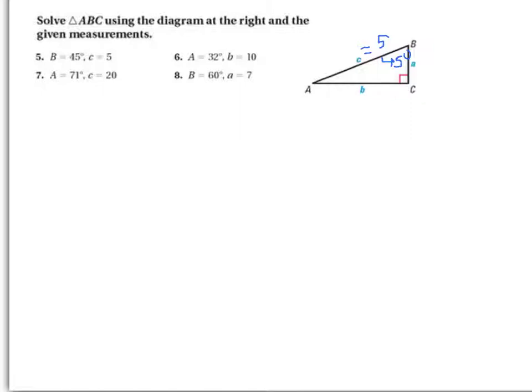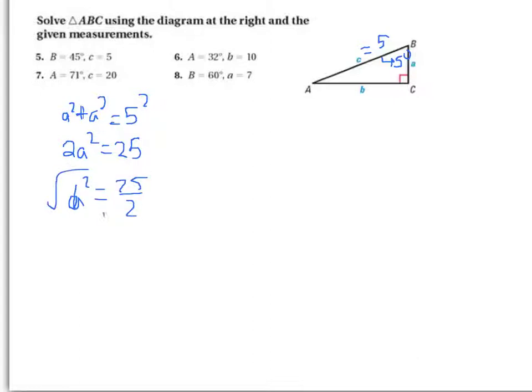So you can just say A squared plus B squared equals C squared, but we know A is equal to B, so we can change that to A squared plus A squared equals C squared. So you get 2A squared equals 25. So A squared equals 25 over 2, square root.